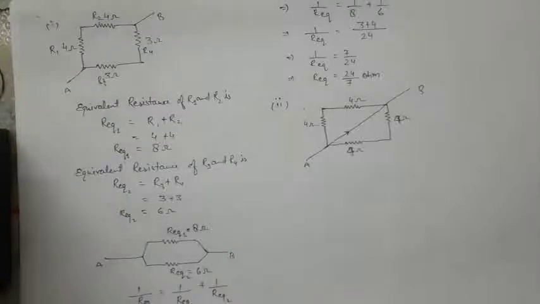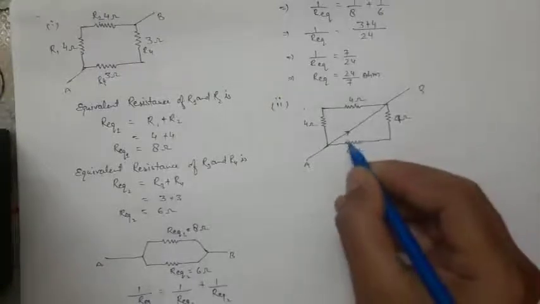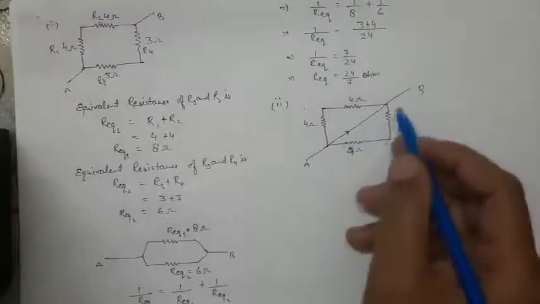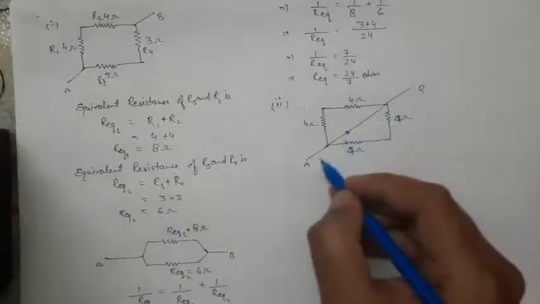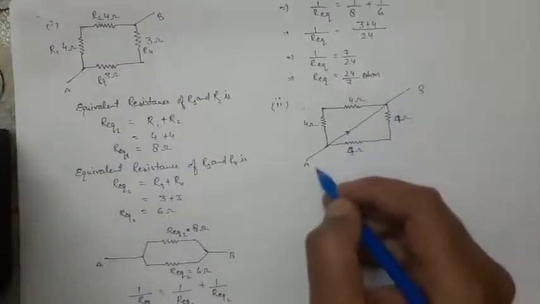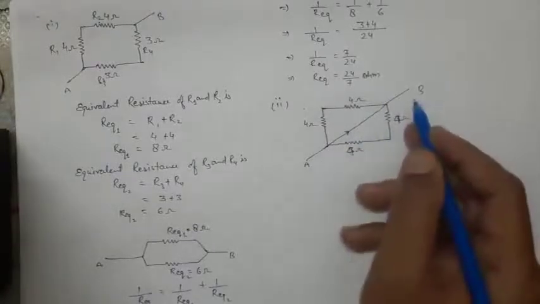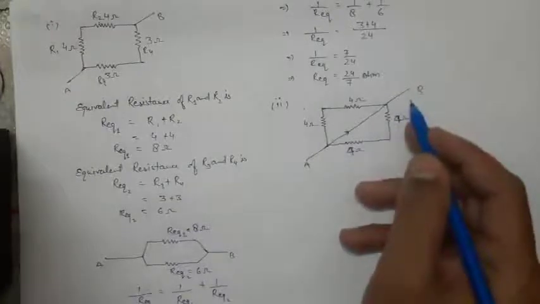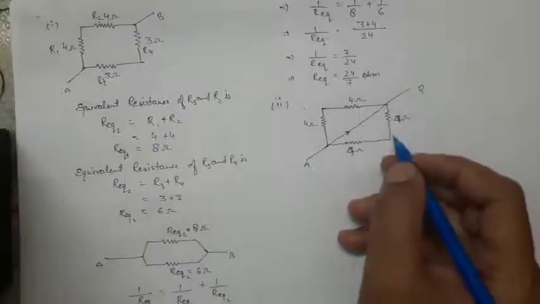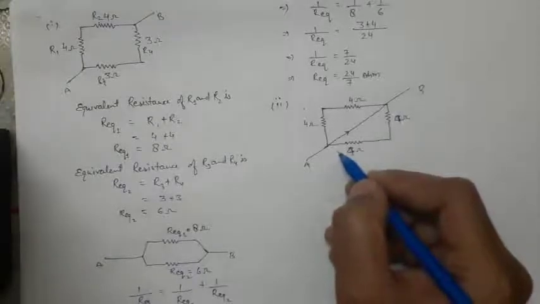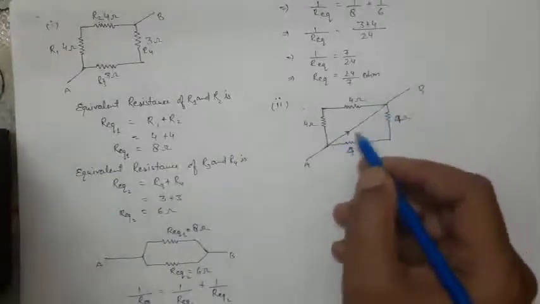Sometimes there is a variation in the question, where they are not giving any resistance between 2 points. If there is no resistance between 2 points, the potentials of those points are the same. There is no change in the potential of point A and point B. So the equivalent resistance is 0, because current flows through the minimum resistance path, and here the minimum resistance path is 0.